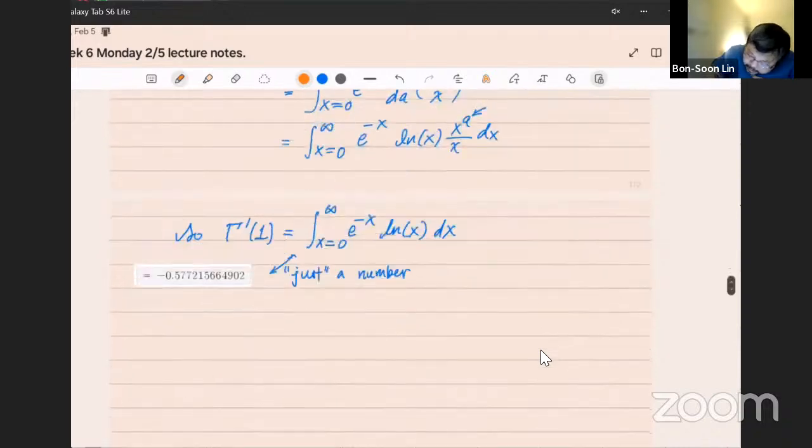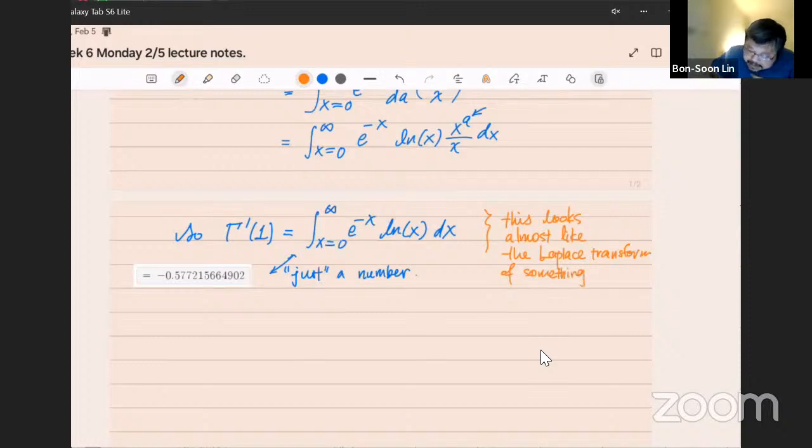So let me remark here, this looks almost like the Laplace transform of something, right? Except that it is not e to the minus px, it's just e to the minus x.